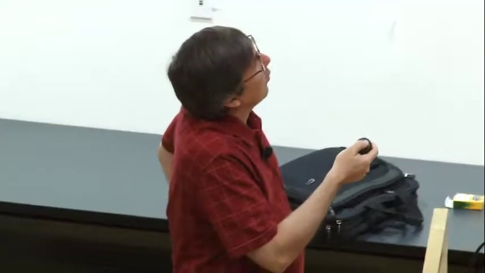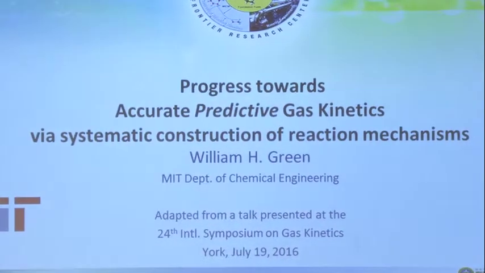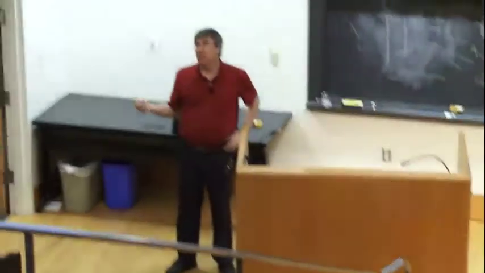And then I'm trying to focus on systematic construction of reaction mechanisms. So historically, most reaction mechanisms are written down by people, and they wrote down the reactions that they think are important. And some people are more systematic than others. And in general, humans are not systematic. Most humans have a lot of trouble being systematic.